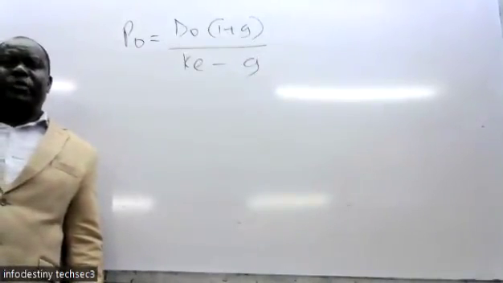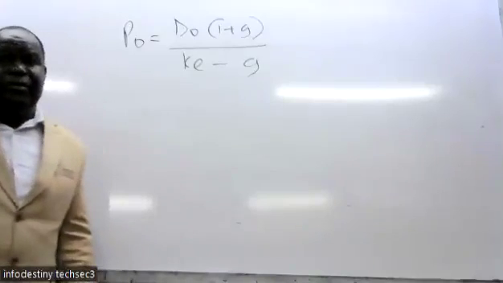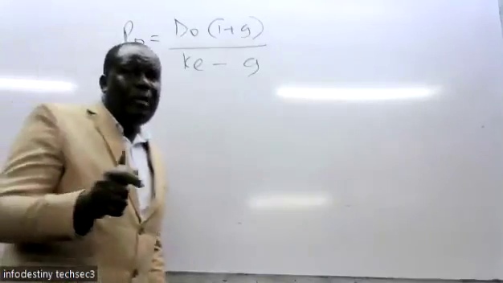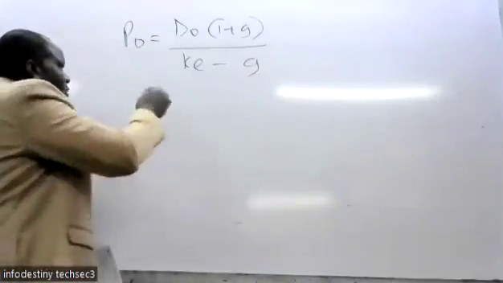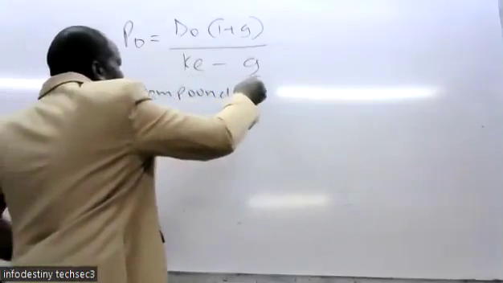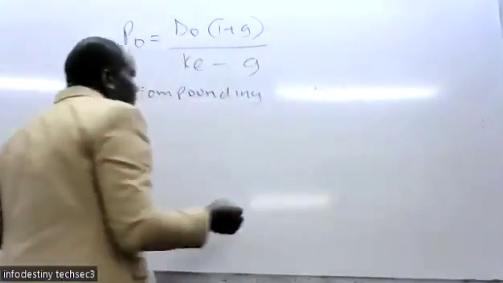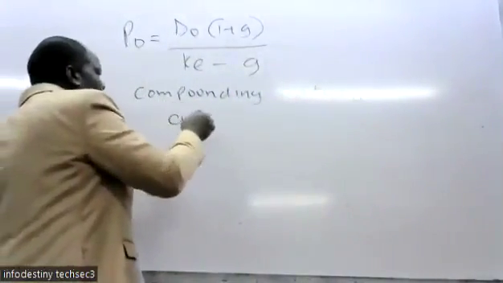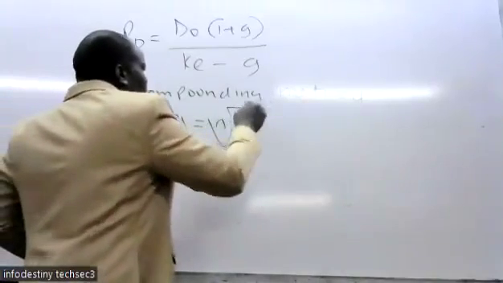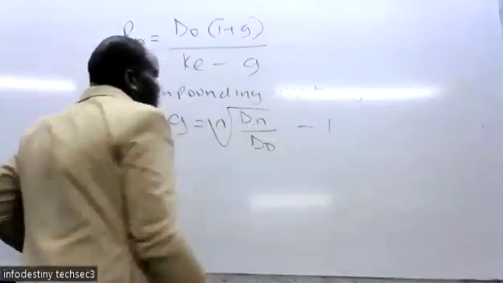So to compute g, we use the compounding method. To calculate g, now we are using the compounding method. So g is supposed to be given by the nth root of Dn divided by D0, then we subtract 1.